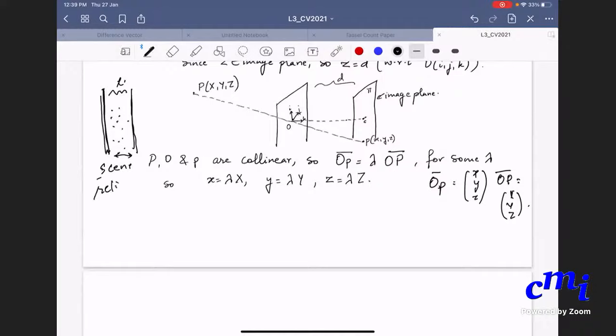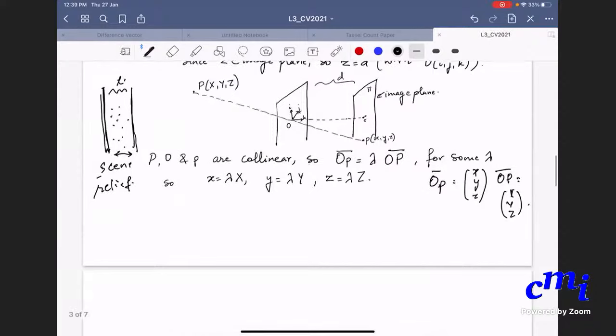If you have ever visited places and seen carvings, it's called a relief, right? There is a stone or something, and on that there is some carving. This is called a relief, exactly because all the elements lie between such two planes.